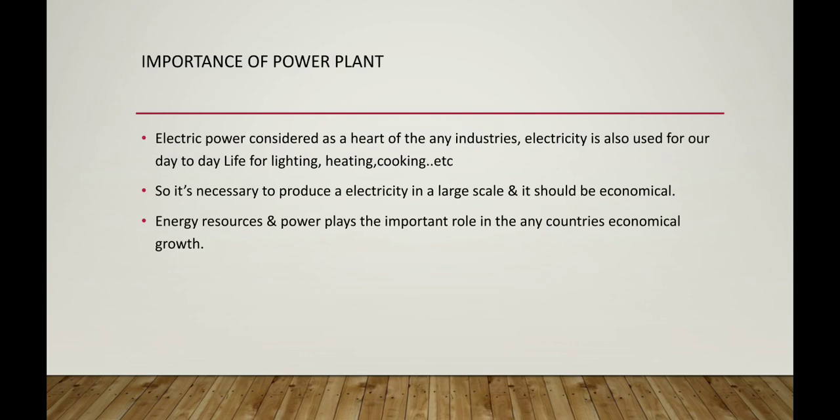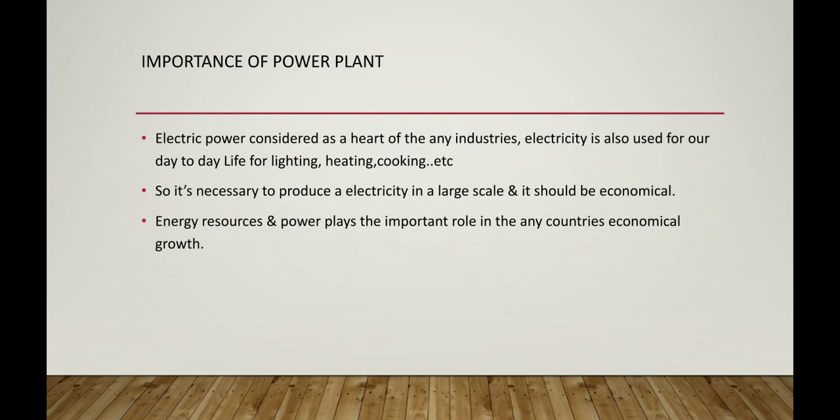Next is the importance of the power plant. Electric power is considered the heart of any industry, so it is very important. Electricity is also used in our day-to-day life, for lighting, heating, cooking and so on.